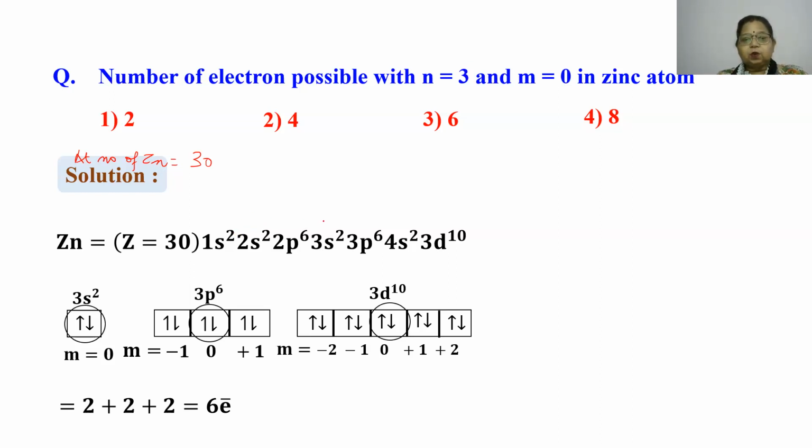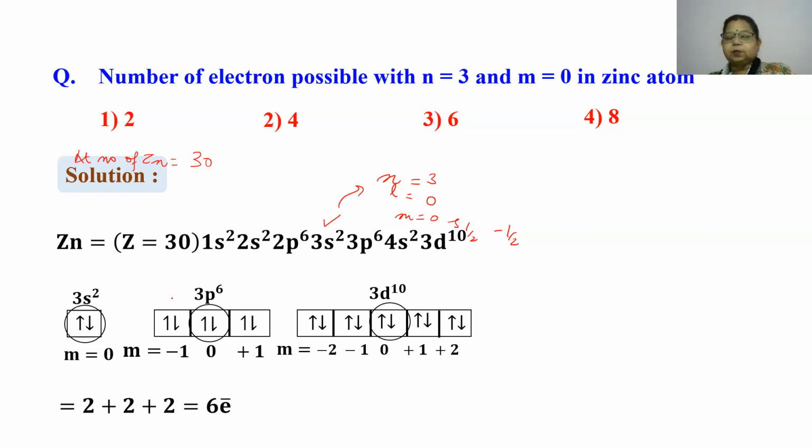When you write the quantum number values for 3s2, you will be writing n equal to 3, l equal to 0, m equal to 0, and s is plus half and minus half. That means for 3s2, both the electrons will have m value as 0.